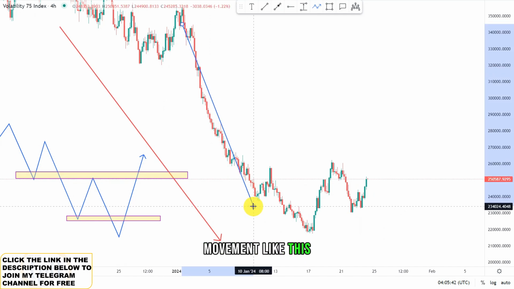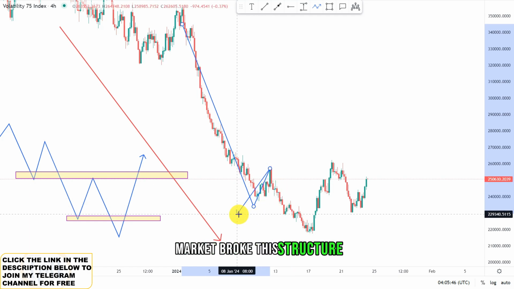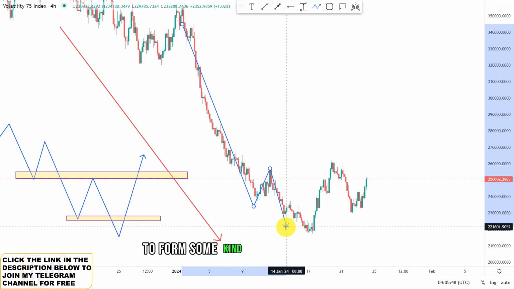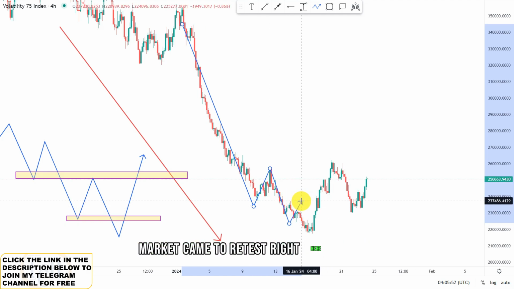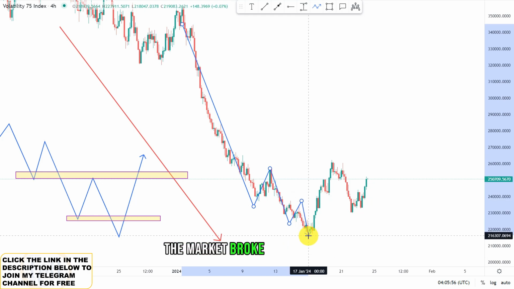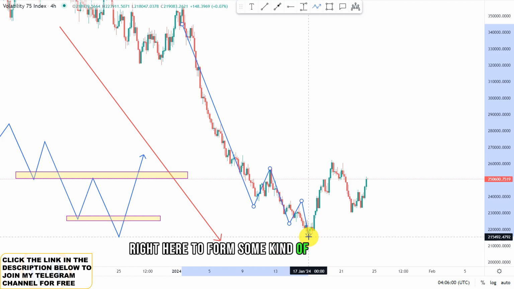Getting back to our charts, we can see that this market was moving in a downtrend movement like this. We got our lower high right here. The market broke this structure to form another lower low. The market came to retest right here to form a lower high. The market broke this structure to form the market's new lower low.